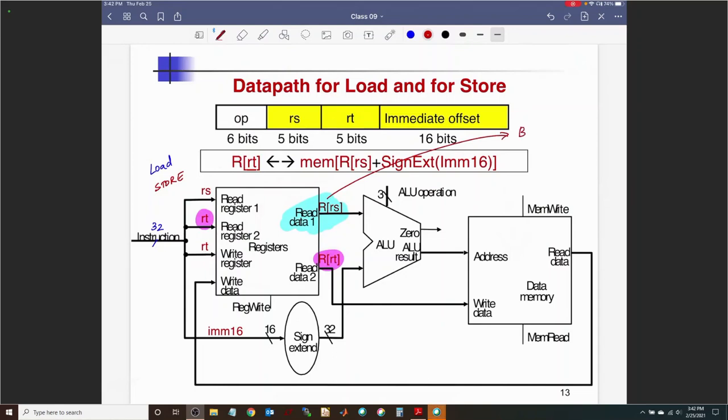You would take the base address, you would add the offset to it, which was provided in that 16-bit field. How are you adding? You're using the ALU to do that addition, and that computes the target address. This is going to be your target address. And this is sort of the same address as here, right? This plus this.